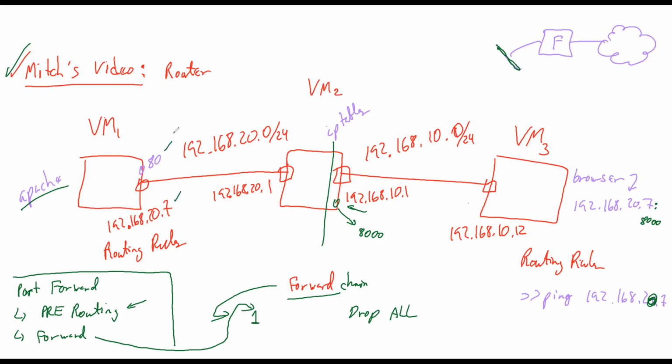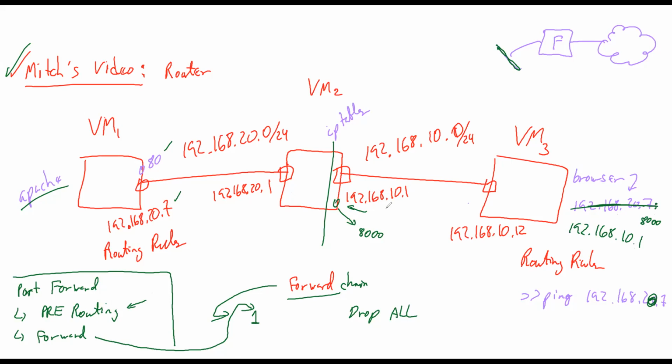Since you don't know what the internal network would be, you would probably just hit 192.168.10.1. Does that make sense, guys? Yes. All right, that's literally it.